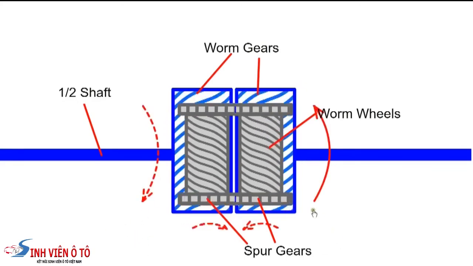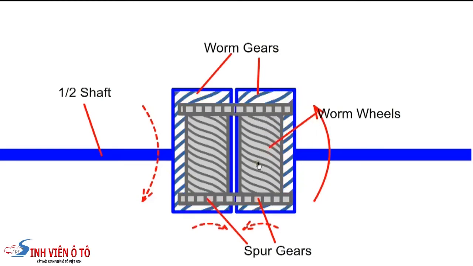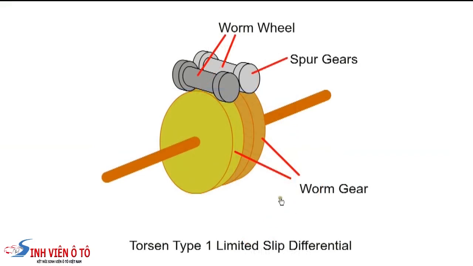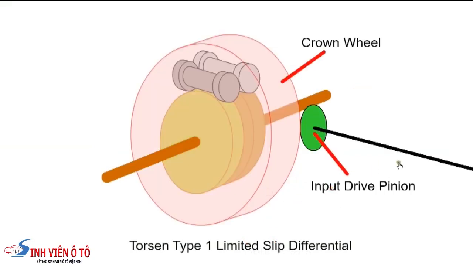We'll have a similar effect if we rotate in the opposite direction. During normal operation, the input drive pinion drives the crown wheel and cage. The torsion will allow for speed difference when cornering. However, if one wheel loses traction, the difference in torque causes the differential to bind together and limit the slip.